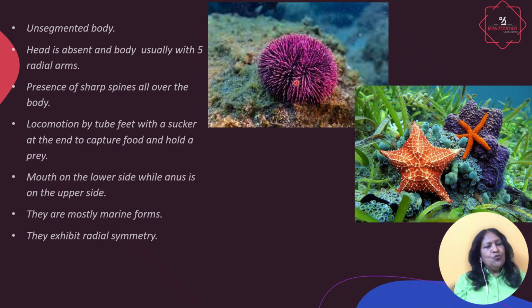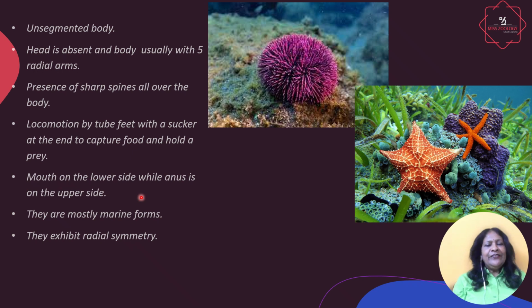They show locomotion by tube feet. At the end of these tube feet, they have suckers in order to capture food or to hold on to a prey. Their mouth is on the lower side of the body while the anus is on the upper side.